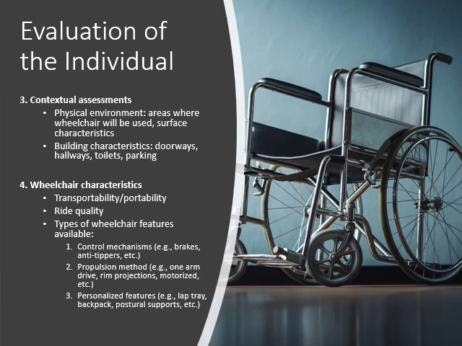There are different kinds of braking systems: ones that brake if you push them forward, or ones that brake if you push them backwards. There are special anti-tip devices that can be installed to make sure the wheelchair doesn't flip over. But some people may not want those anti-tippers because they need to be able to flip themselves up into a wheelie. We'll talk about that a little bit more.